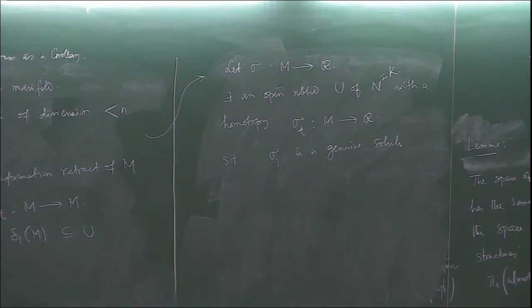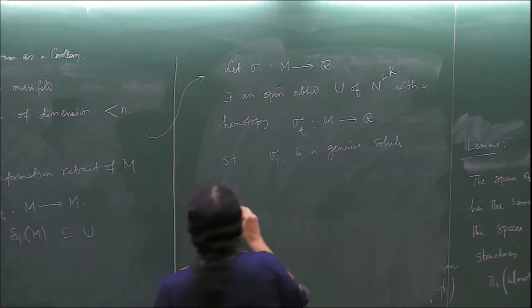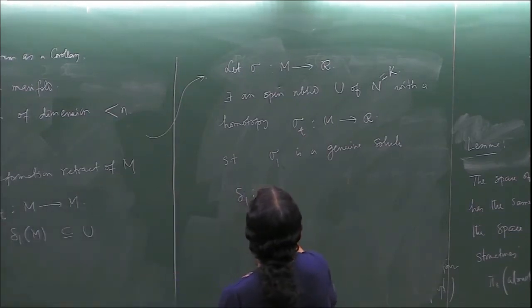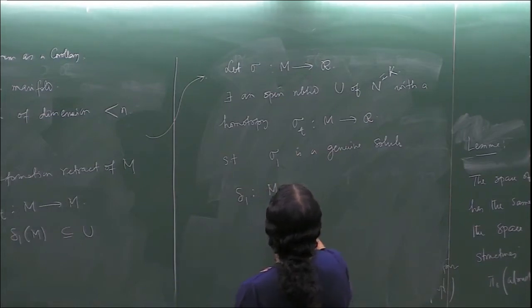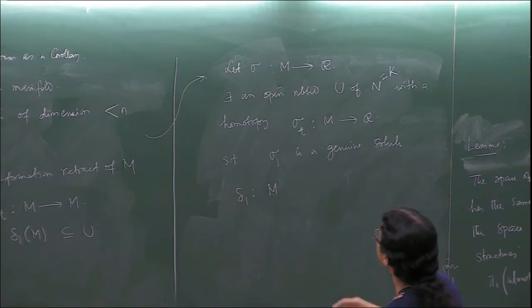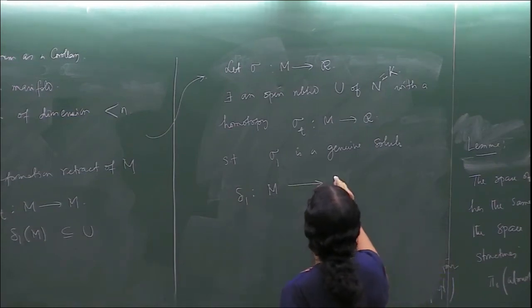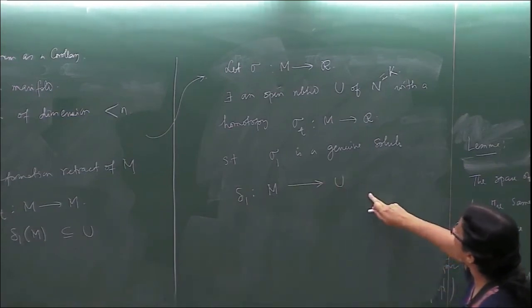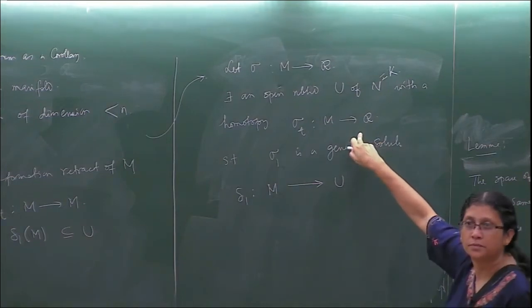Okay? So delta 1 is mapping M inside this U, over which you have this homotopy.